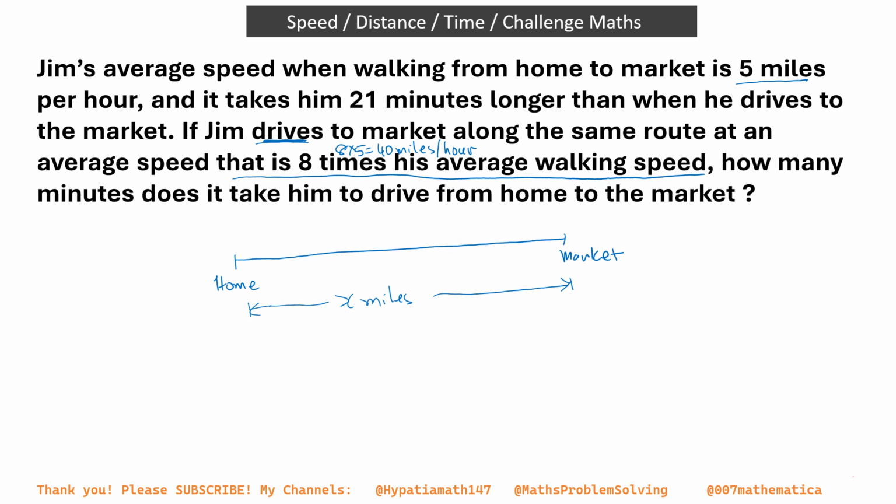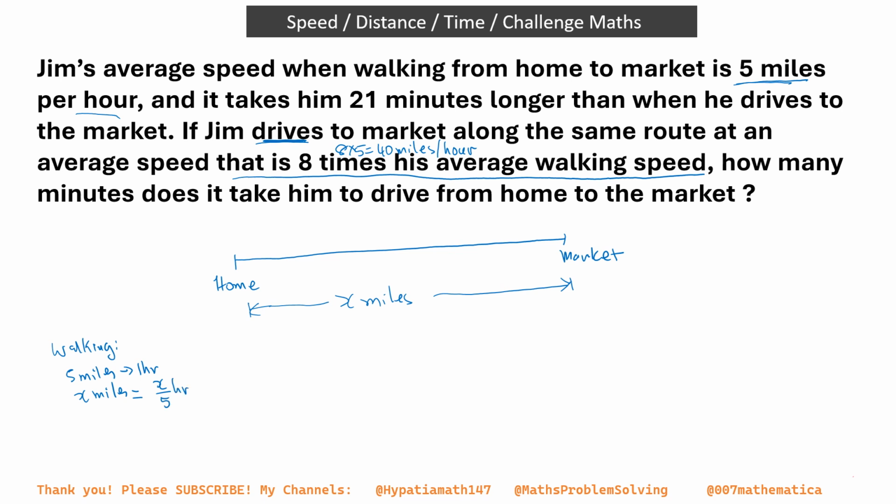So then they're saying that the speed is 5 miles per hour when walking. That's the first part. So 5 miles in 1 hour, so x miles in x out of 5 hours.